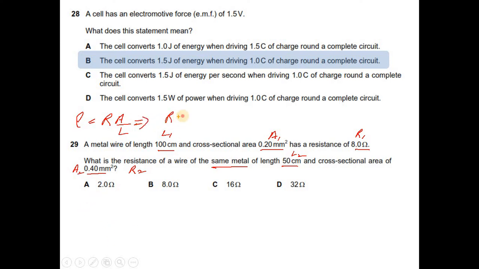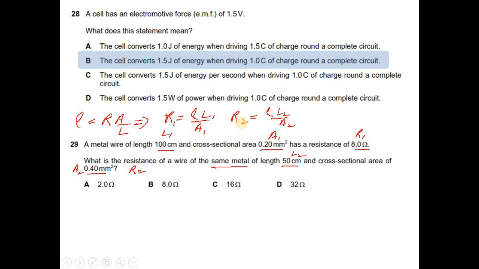So R is equal to rho L upon A. So this is the resistance of the first metal, R1 is rho L1 by A1, and R2 would be equal to rho L2 by A2, because resistivity is the same because of the same metal they are using.